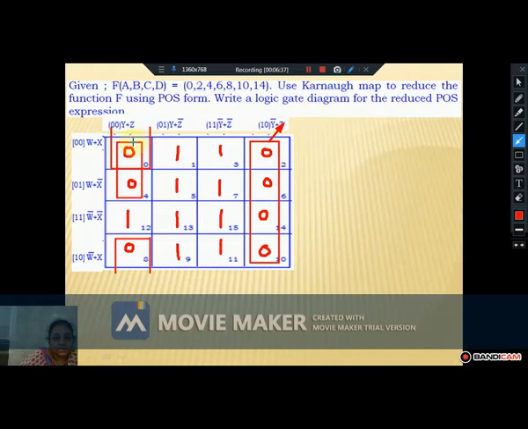Let this be quad 1, and let this be pair 1, and let this be pair 2.